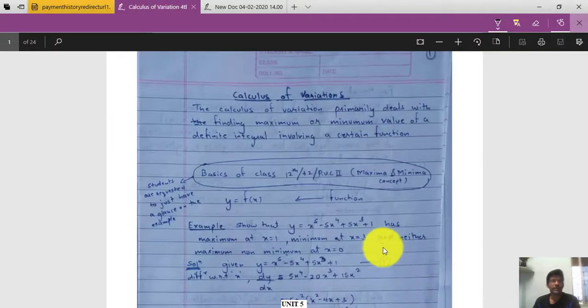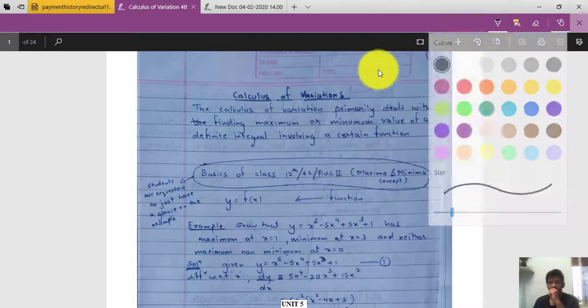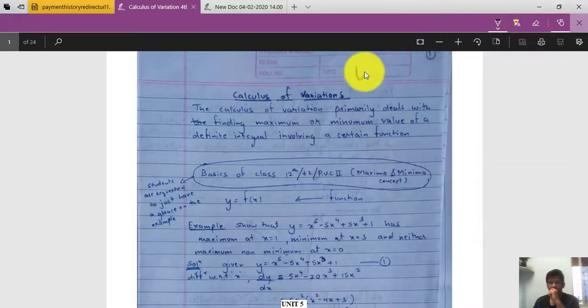Hello everyone. So today we are going to start a lecture on calculus of variation, which is in your unit 5, right? So what are we trying to do?